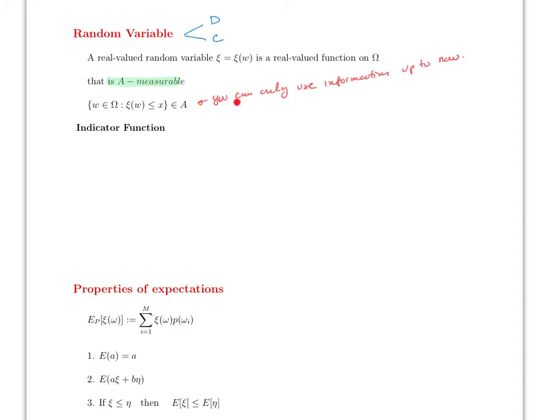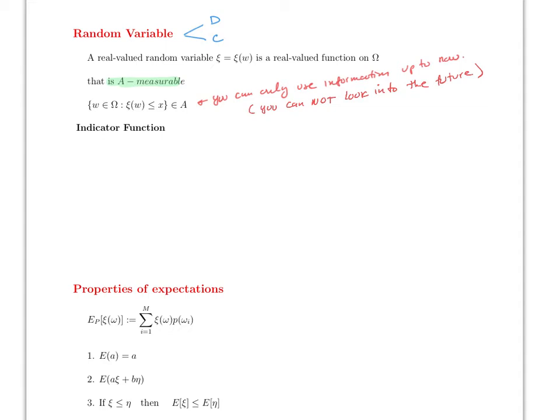If you want to calculate the price of something, you can only use past information up to the current information. In other words, it means that you cannot look into the future, which would be nice, but you cannot. Okay, so that's what measurable is going to mean for the purpose of our class.